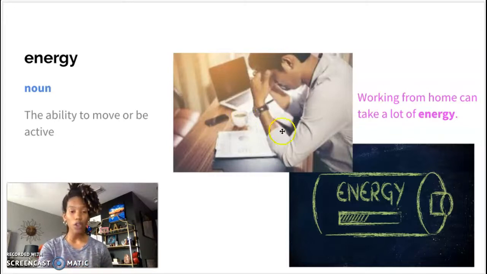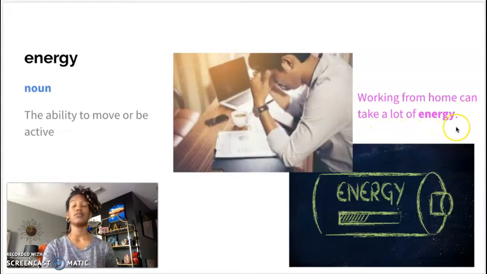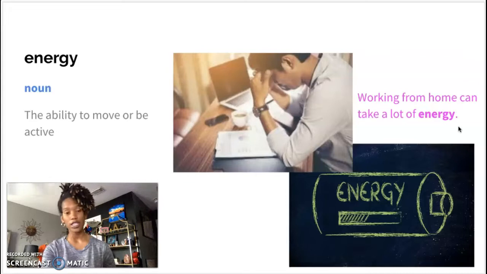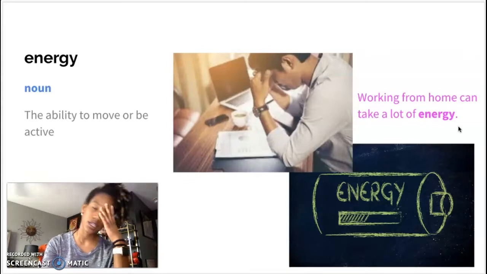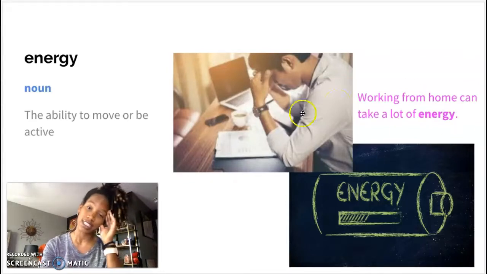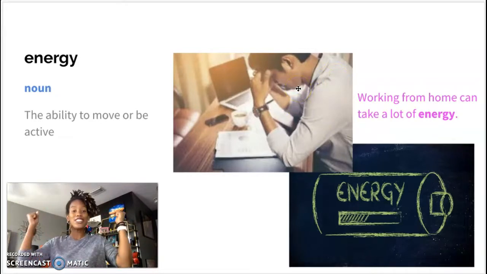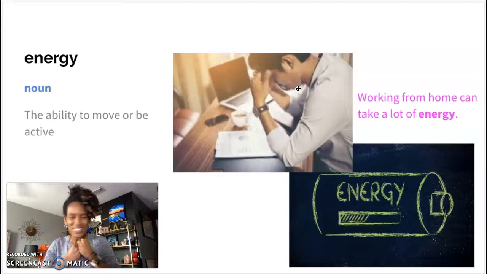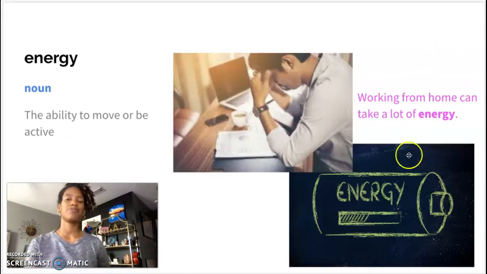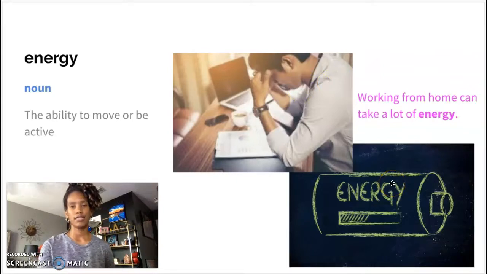So with all of that, working from home can take a lot of energy. Yeah. Because after looking at the computer all day, I'm just like, oh my goodness, right? Like this guy. But energy can also mean like, I'm full of energy. I have so much energy. I can run 10 miles. Energy. Okay. All right. Next slide.